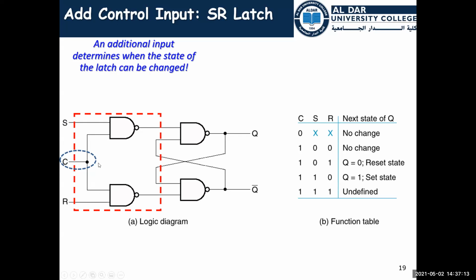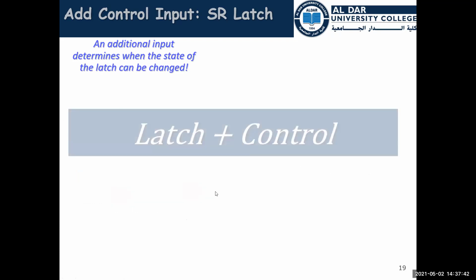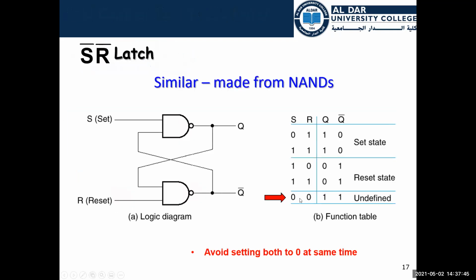And if you remember what we said about the characteristic of the NAND gate, if this is 0, the output will always be 1, independent of the input. This is not the undefined, because the undefined is 0 0, not 1 1, as you see.